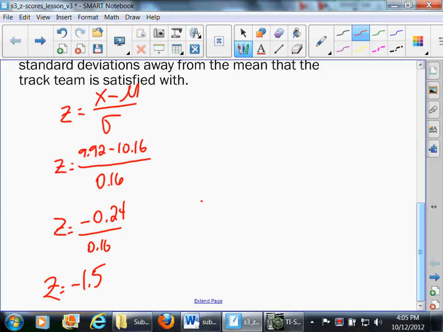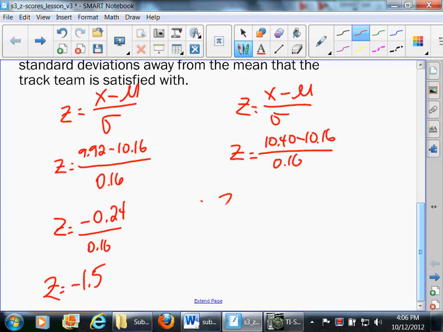It's negative, so that tells you that it's below the mean. And 1.5 just means it's 1.5 standard deviations away from the mean. So let's take a look at the other time. The other time is 10.40 minus 10.16 all over 0.16.